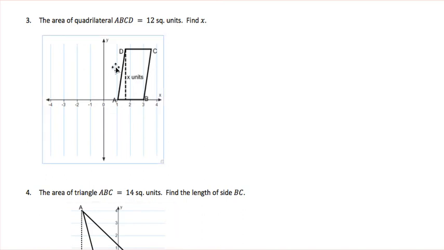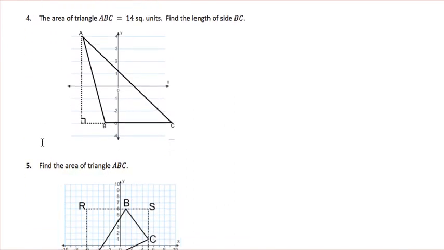So our base, which we do know, is 2 times x equals 12. And we find x, and x is equal to 6. These are regular units, not square units. Make sure you have that one clear.